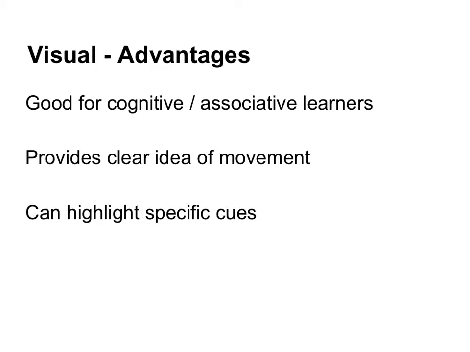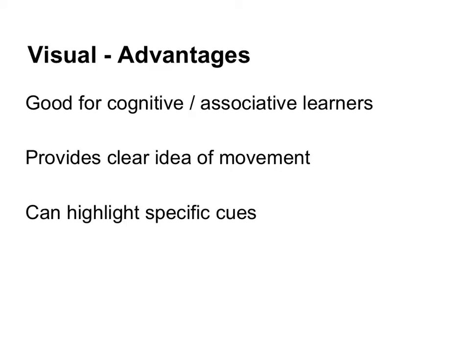So particularly in that cognitive stage, in the very early stages of trying to teach a skill, a demonstration to create that mental picture for the person who doesn't really know what it looks like is really useful. So this obviously provides a clear idea of the movement. All right, it gives the learner a picture of how to do it and a recipe almost as to how to do the skill.